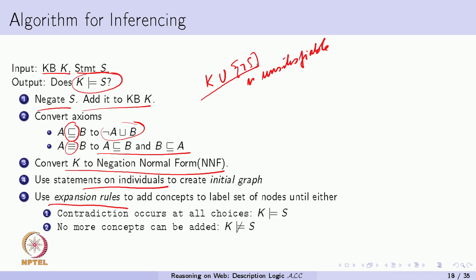So, if a contradiction occurs at all choices, then our original statement that K entails S is true. But if there are some branches which are open, which means they are satisfiable, then K union not of S is satisfiable. That means K does not entail S, because you can have K and not of S at the same time. So, this is a high level algorithm.